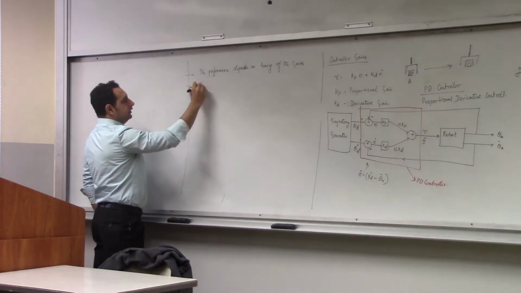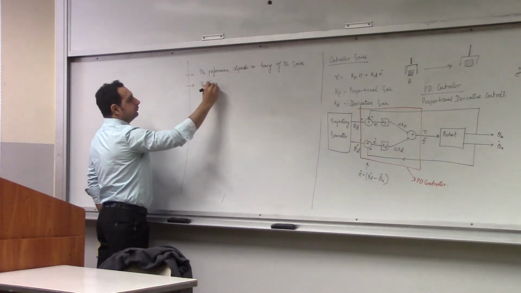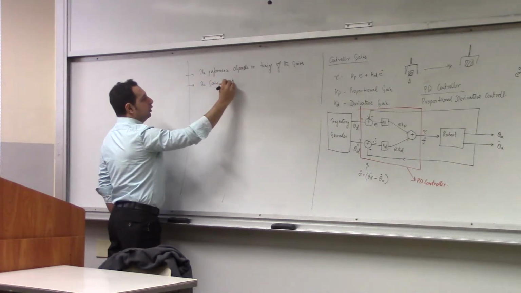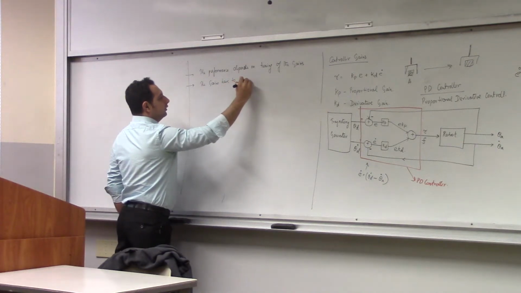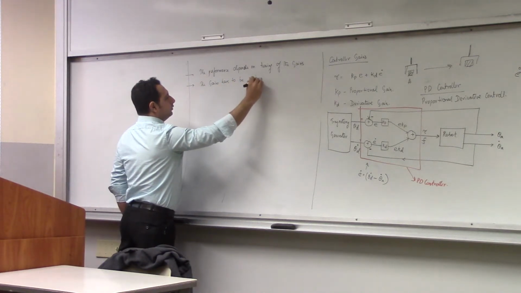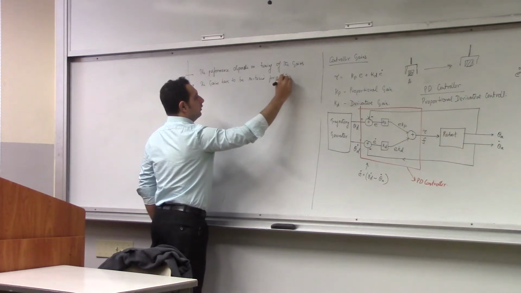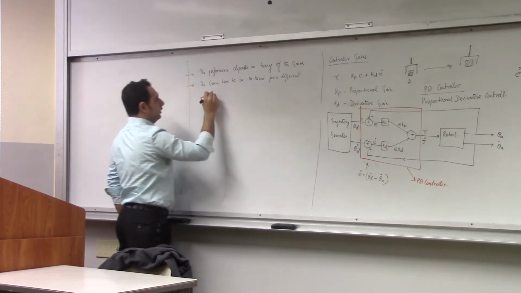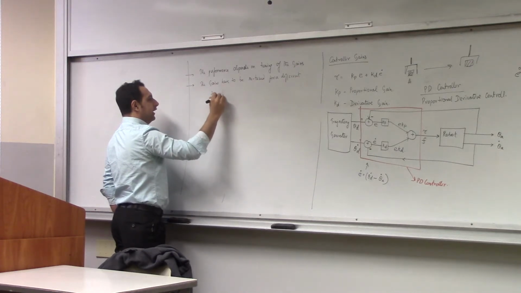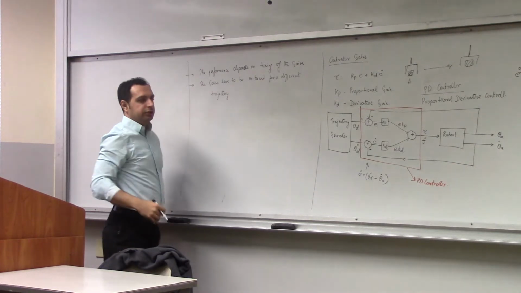The gains have to be retuned for a different trajectory. So if I change the trajectory, I'll have to retune the gains, okay?